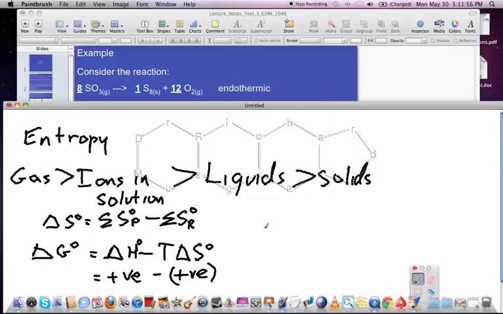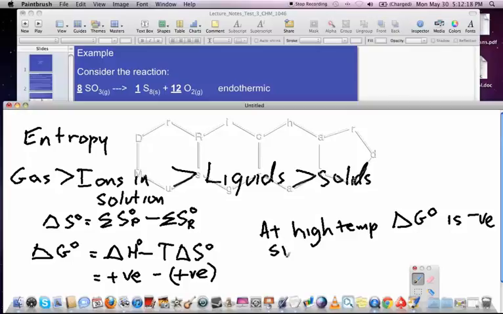So at high temperatures, delta G naught is negative. And the reaction is spontaneous.